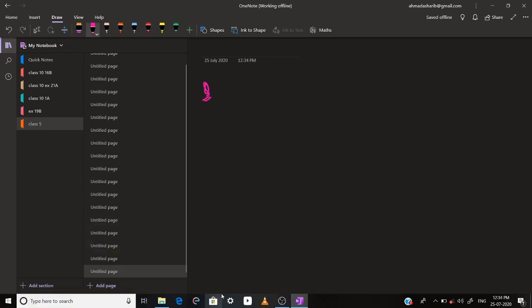Next is question 3, and it says fill in the blanks. First blank: which number is neither a prime number nor a composite number?